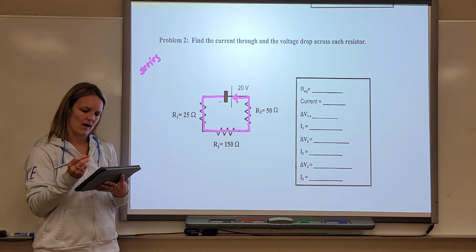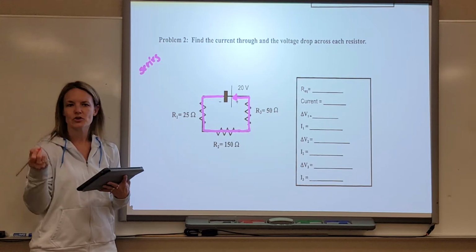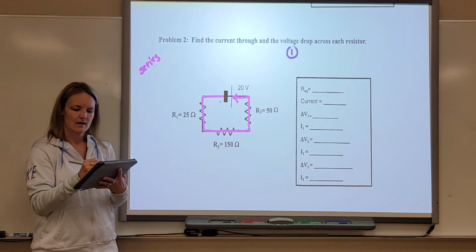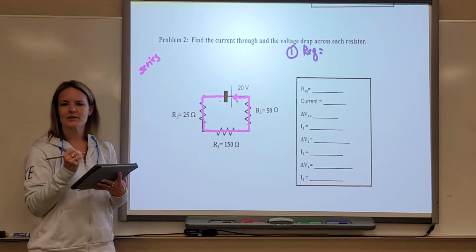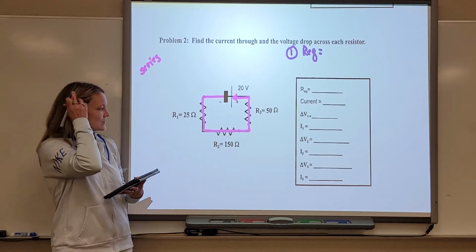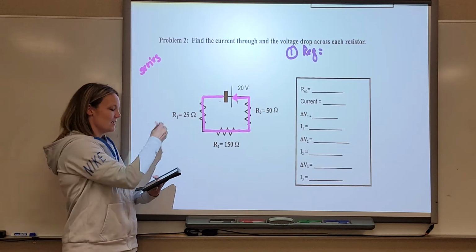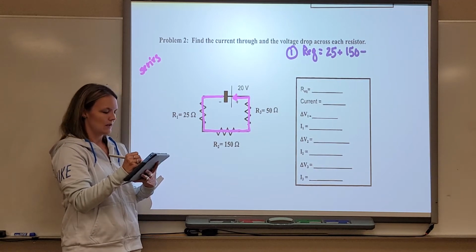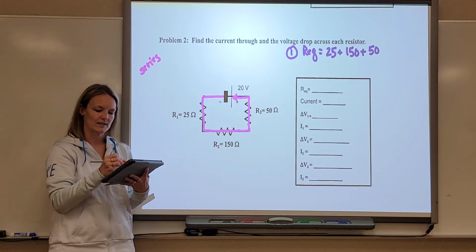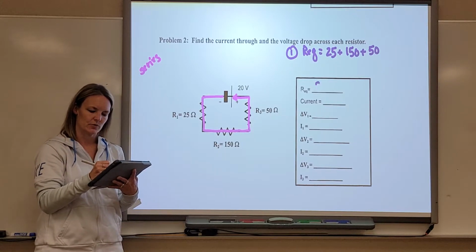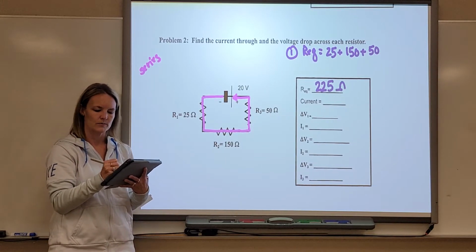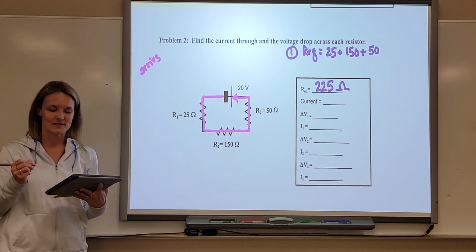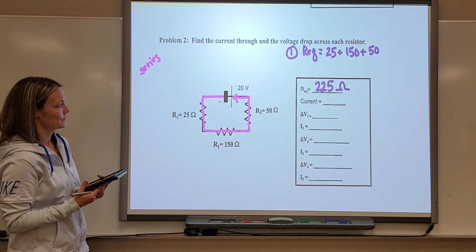Step 1, you need to find the total resistance. To find total resistance for a series circuit, all you have to do is add them up. So I take 25 plus 150 plus 50, and I get 225 ohms. That is the total resistance for this circuit.